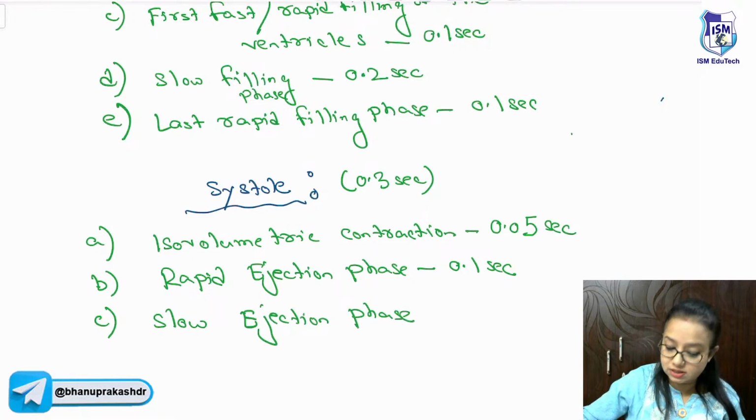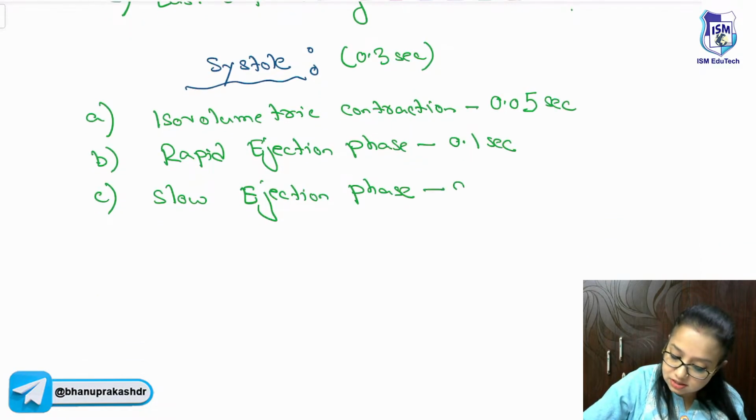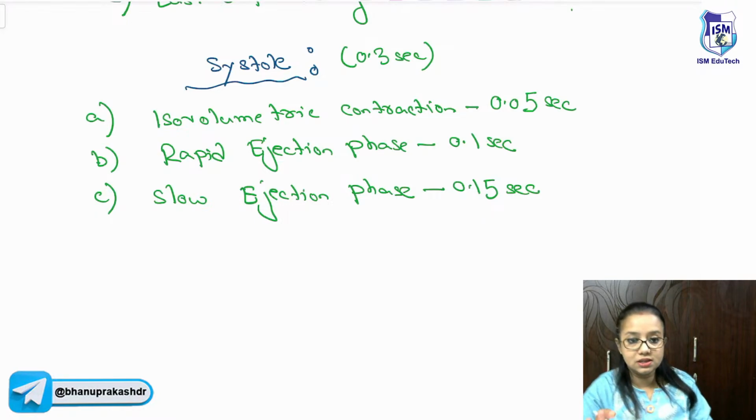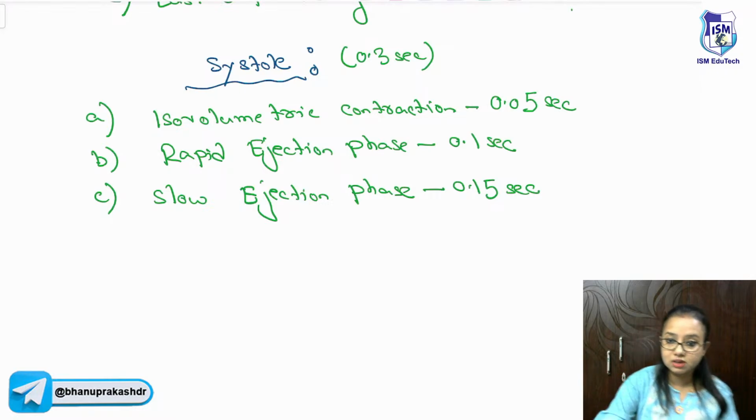Now, this slow ejection phase is a little longer than the rapid one, which is about 0.15 seconds. So you calculated 0.05, 0.15, and 0.1 second. So altogether 0.3 second. Okay, these are the main phases in the ventricular systole and diastole.